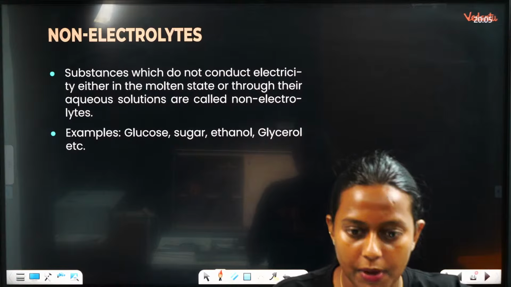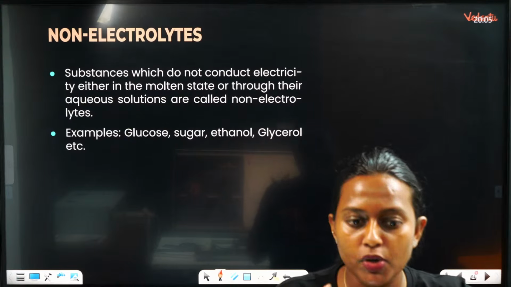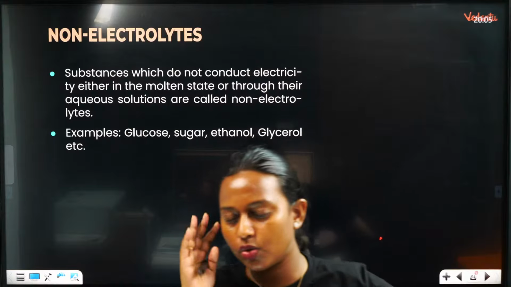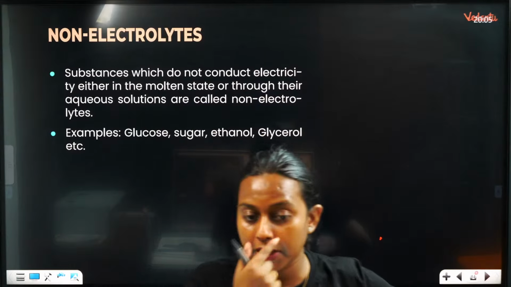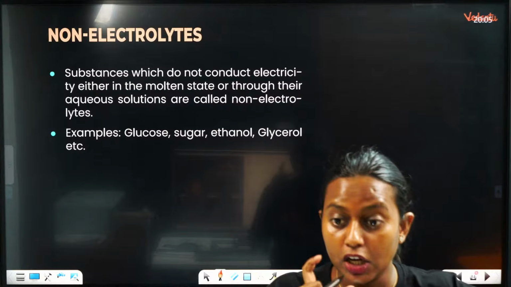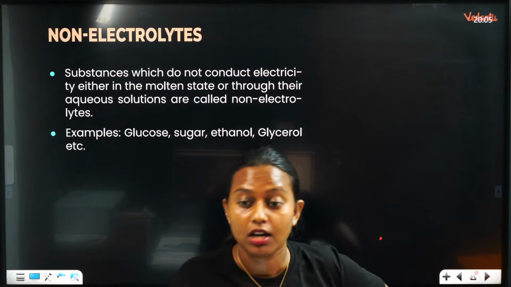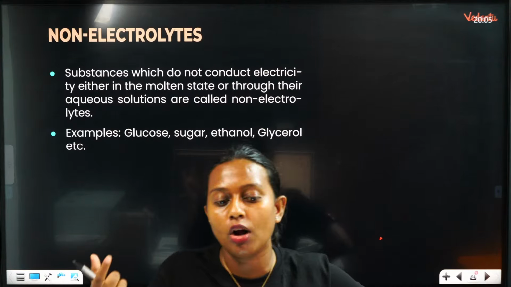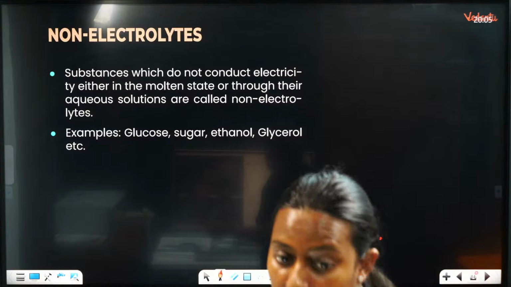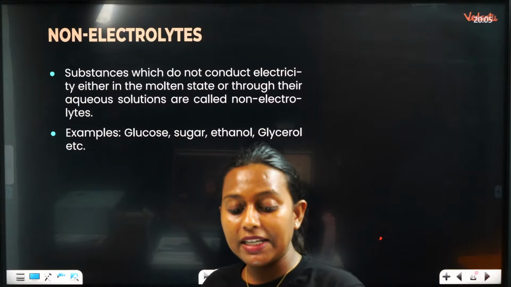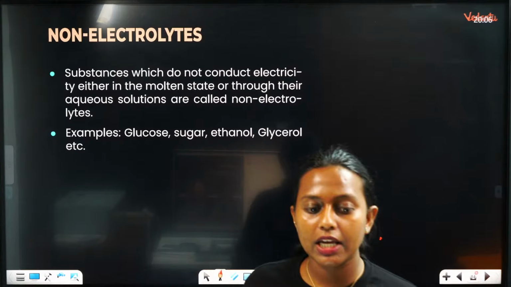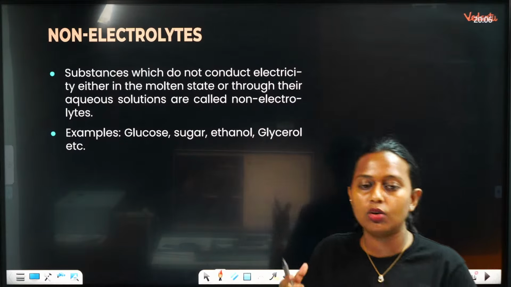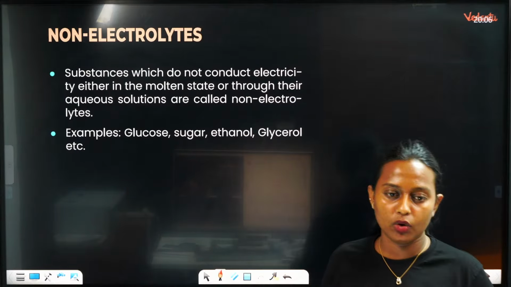A student asks: conductivity decreases, ma'am? When comparing electrolytes with normal metals, conductivity is lower in electrolytes.